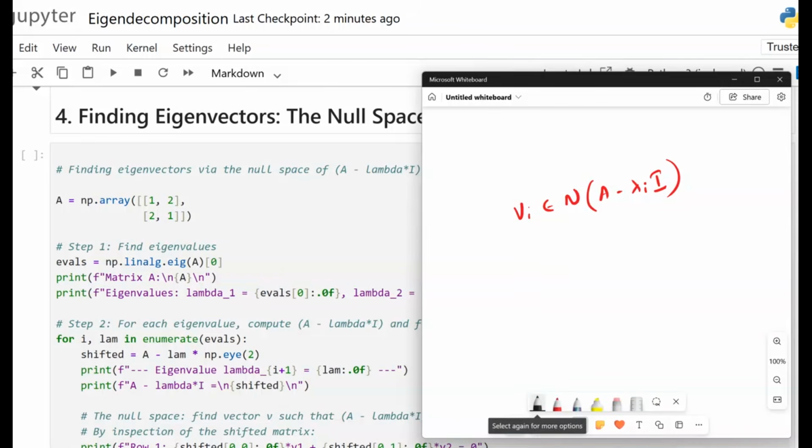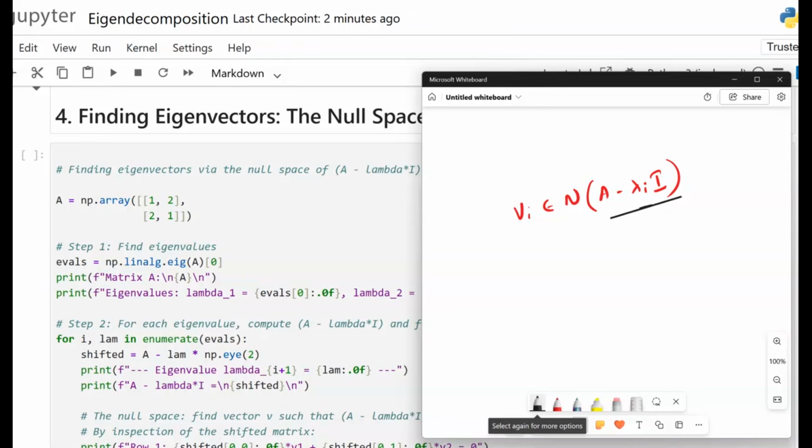Think of it this way: the eigenvalue is like a key and the matrix is like a lock. You insert the key, lambda sub i, into the matrix by shifting, that is A minus lambda sub i times I, and the door opens to reveal the eigenvector hiding in the null space.